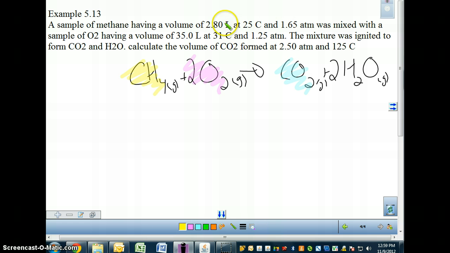So the information about methane is that we have a volume of 2.8 liters, a temperature of 35 Celsius, and a pressure of 1.65 atmospheres. The information I know about oxygen is that we have a volume of 35 liters, temperature of 31 Celsius, and a pressure of 1.25 atmospheres. And what I know about carbon dioxide is that I have a pressure and a temperature.